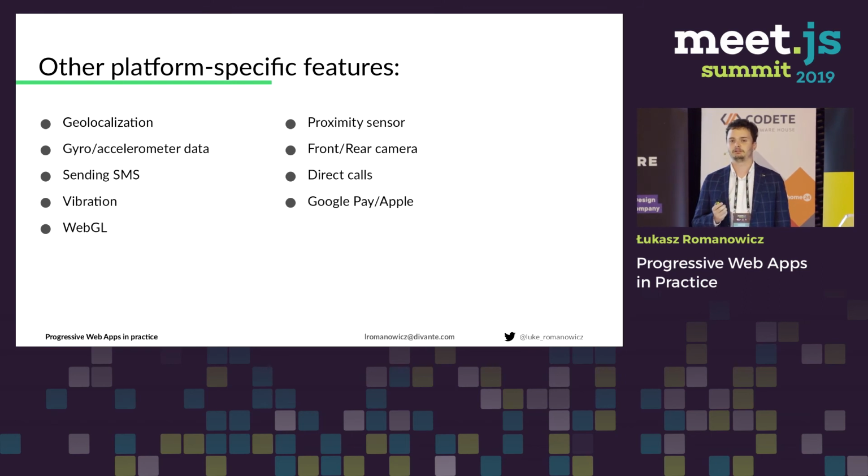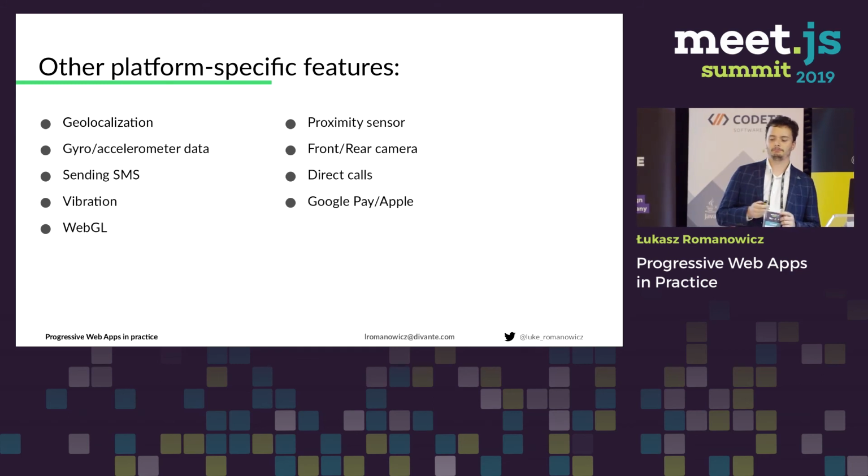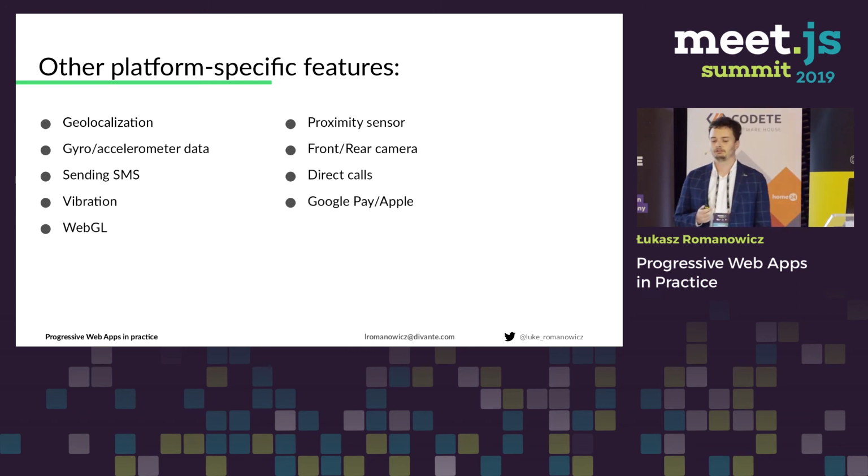So you can simply read what APIs your target devices offer, and depending on your needs and the customer requirements, you can read more about specific features.